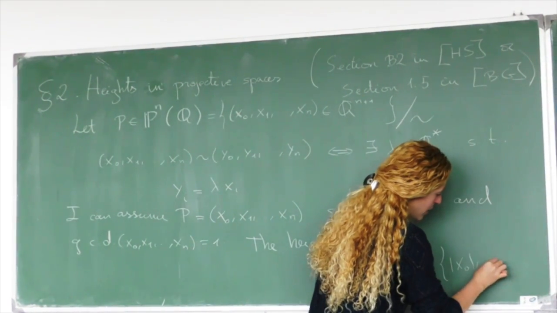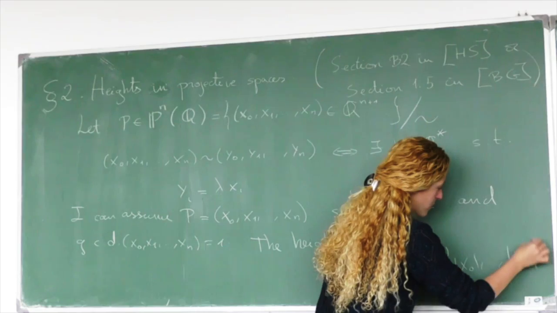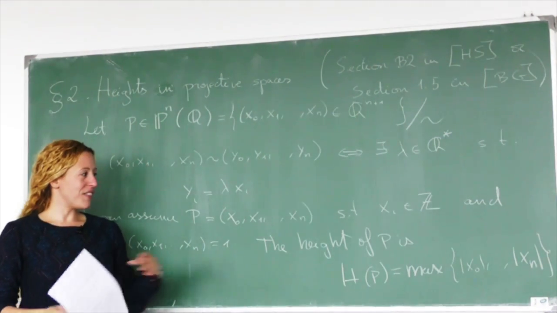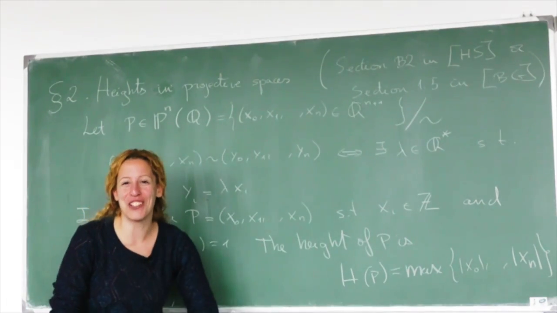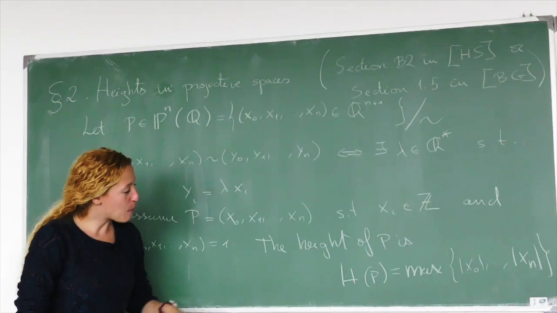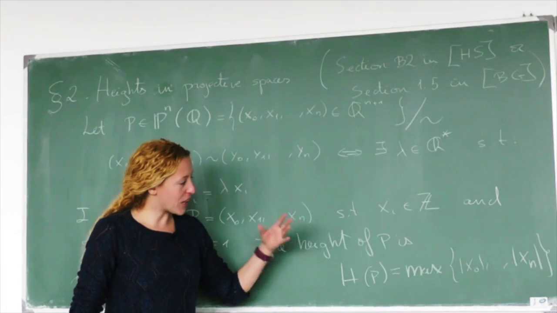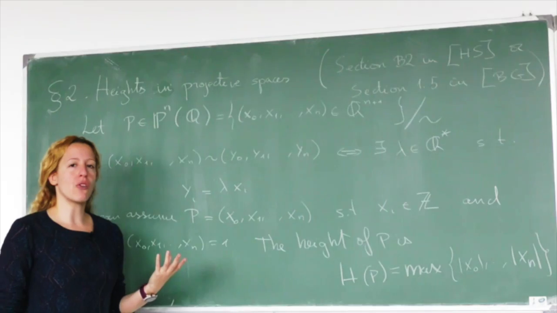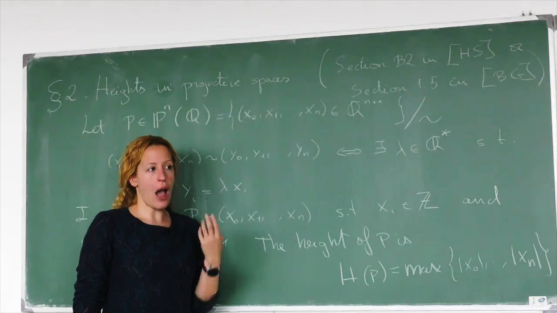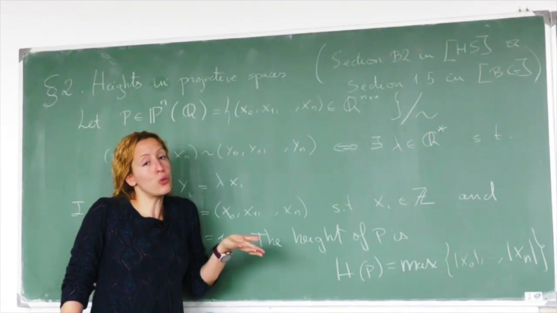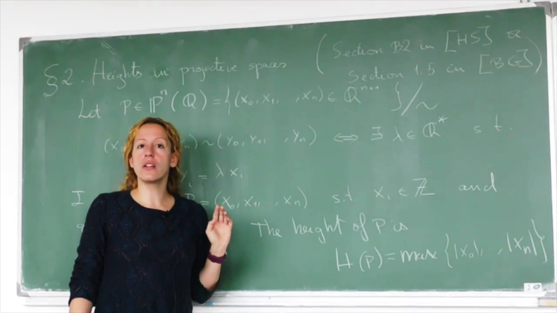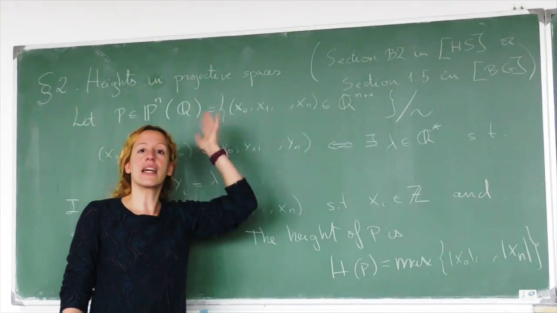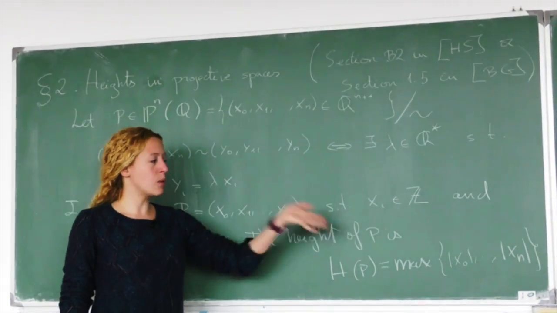If I don't say anything, it is the standard one, the Archimedean one in Q. Now I'm going to generalize this definition, of course, to a more general setting, but this is a definition of the height of a point in a projective space. So somehow it is intuitive, right? If I want to measure how big a point is, what I do is look at all the coordinates, take the absolute value of those coordinates, the classical one, and take the biggest one. So I can say that the point has that height.